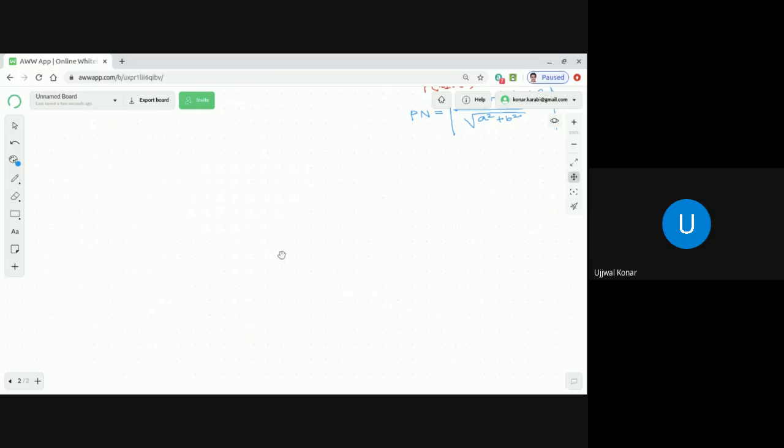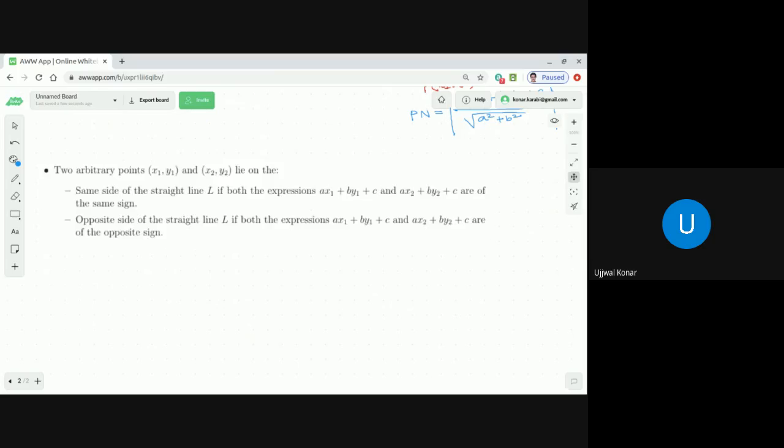As you see here, dear students, two arbitrary points x1, y1 and x2, y2 lie on the same side of the straight line L if the value of both the expressions ax1 plus by1 plus c and ax2 plus by2 plus c are of the same sign.